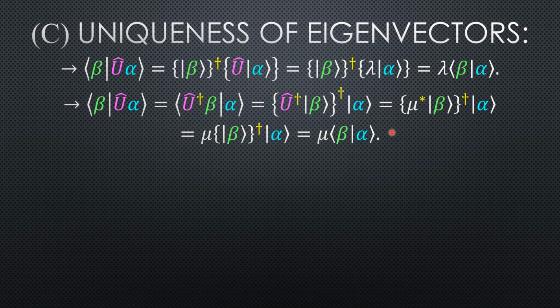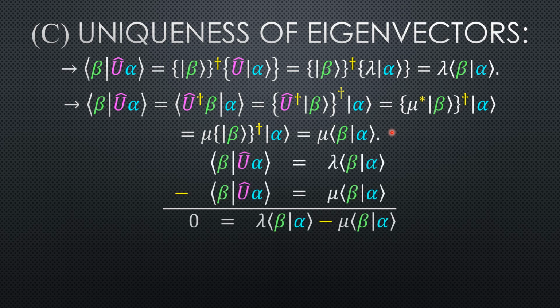Now, once again, we have 2 equations here thanks to the same definition, beta, U, alpha, and the inner product. And now we can go ahead and manipulate these and we'll take their difference to do so. Since we have this going right there, this going right there, we see that taking their difference, we get a 0 on the left-hand side, but then we have lambda and mu respectively, lambda minus mu.